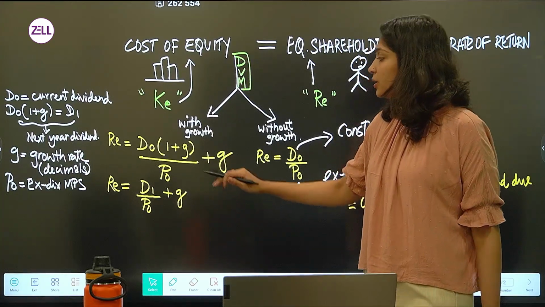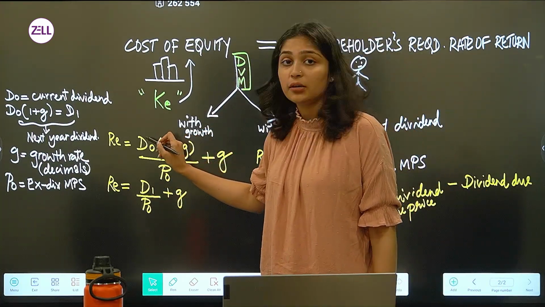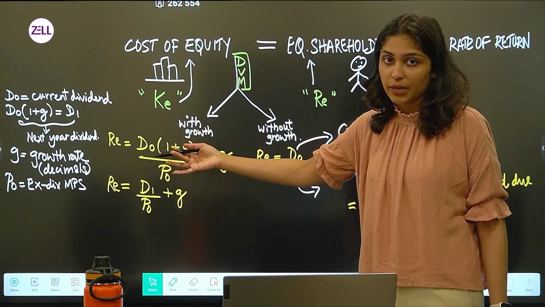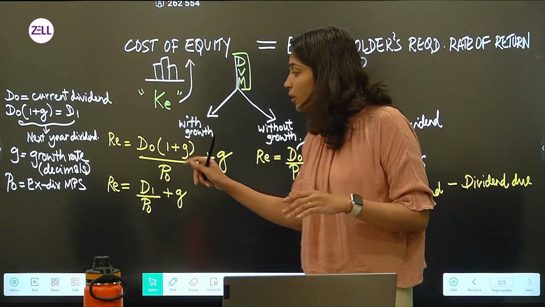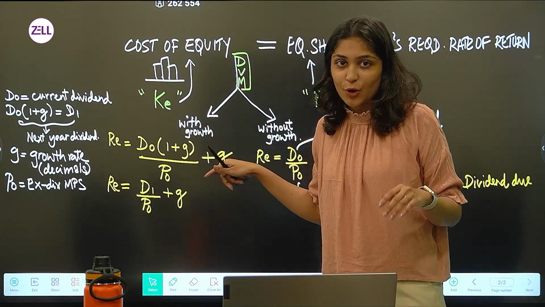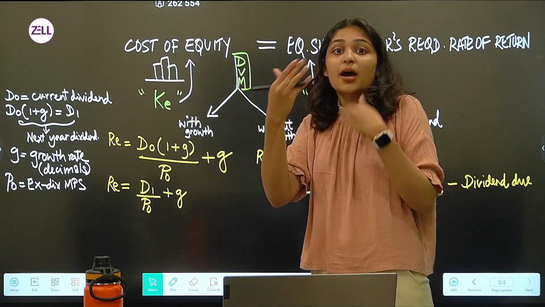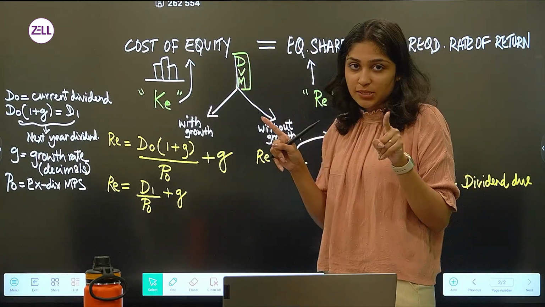And that is why you should be careful in the question whether they have given you the current dividend or whether they have given you the next year's dividend. Because if they have given you next year's dividend, then like a fool, don't again go to put 1 plus G. Okay, that does not make sense. Because that will be like again calculating growth, right? So, we are not going to do such mistakes.